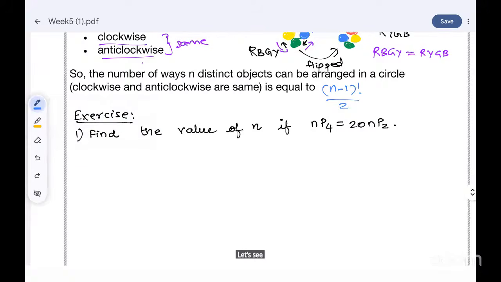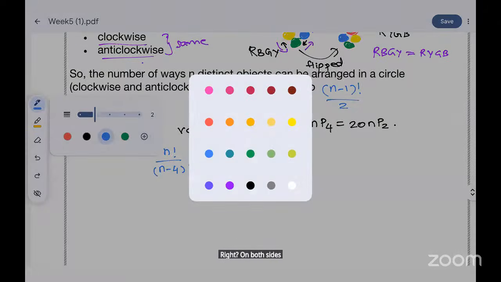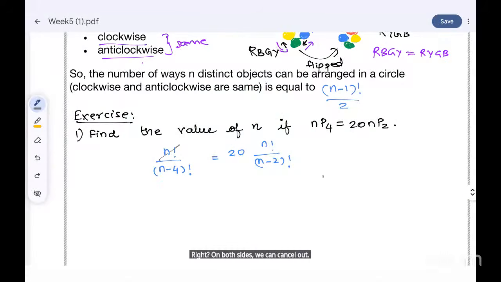Let's see how. So what is the left hand side here? nP4. nP4 means n factorial by n minus 4 factorial. And on the right hand side, it is 20 times n factorial by n minus 2 factorial. Right? On both sides, we can cancel out n factorial.